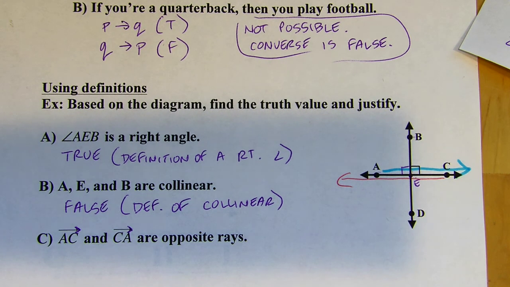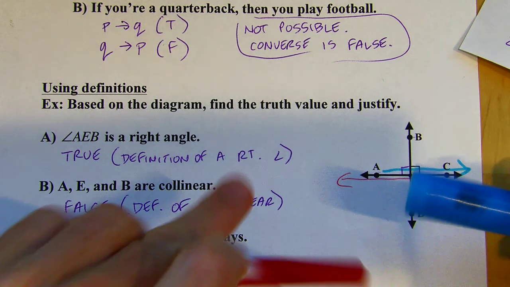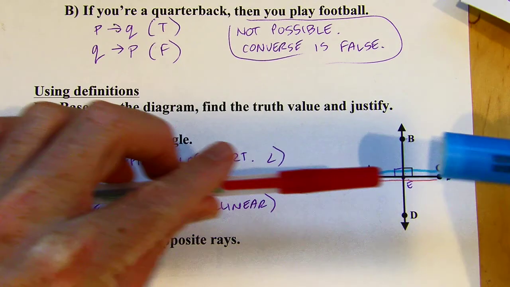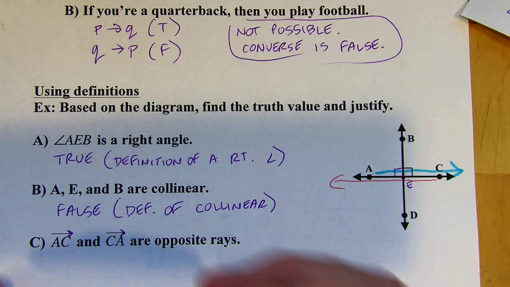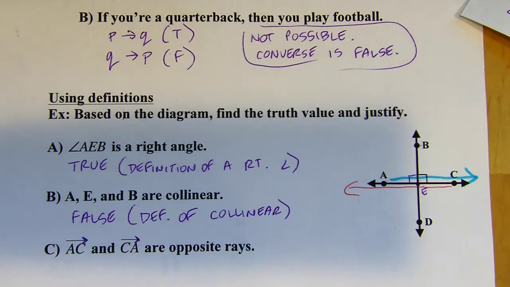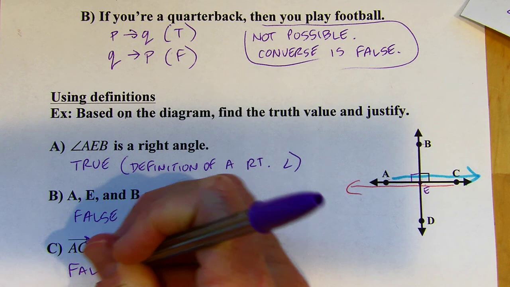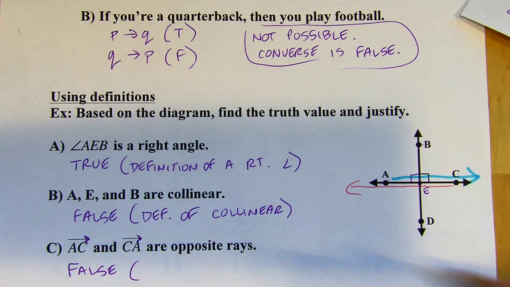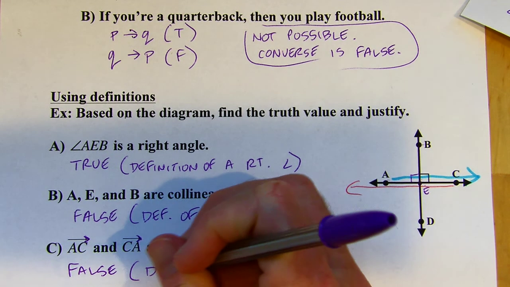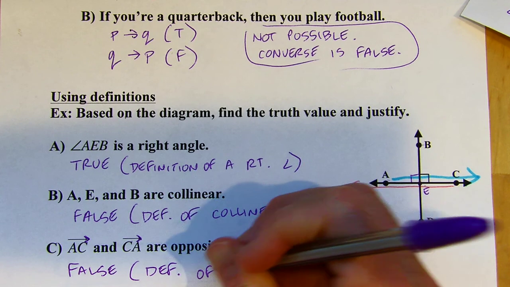Well, they are going in opposite directions, but no, they're not opposite rays because they don't have the same endpoint. If they went like this, they would be opposite rays, but they overlap, right? So that doesn't count. So this is going to be false. And the reason why it's false is because it doesn't work with the definition of opposite rays.